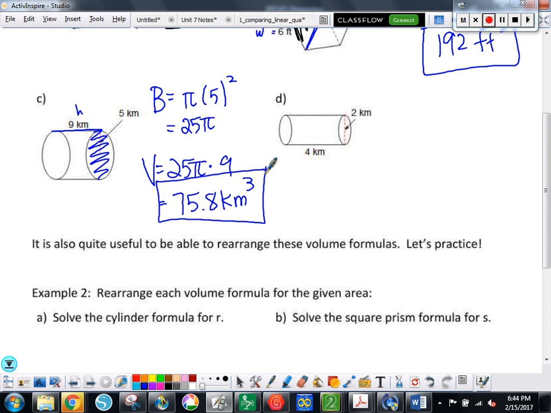Okay, this wasn't very much practice. On your own, will you please try part D? Now part D is a little bit different than the last cylinder question, because on part D you're not given the radius, you're given the diameter.